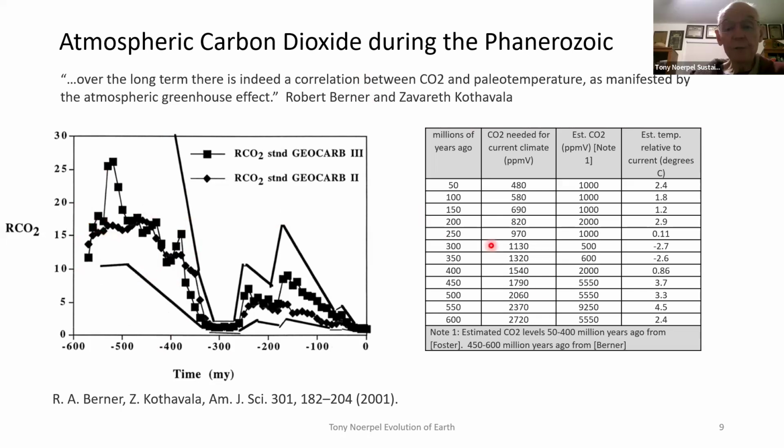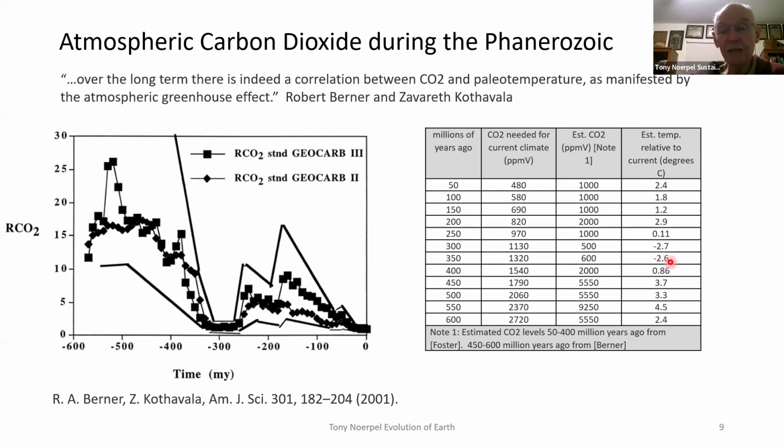But when we take into account the faint young sun, we see that the mean temperature, this is over 10 million years, this is an estimate for 10 million years. So even within that 10 million years, it bounced around. But you could see it was about the same as it is now.